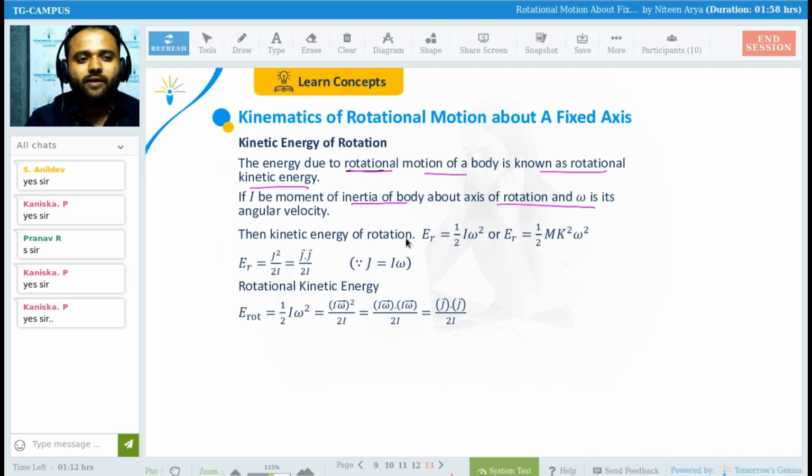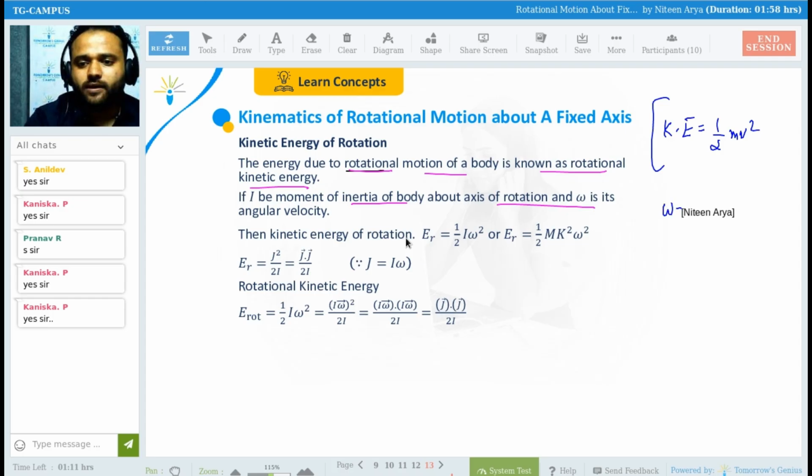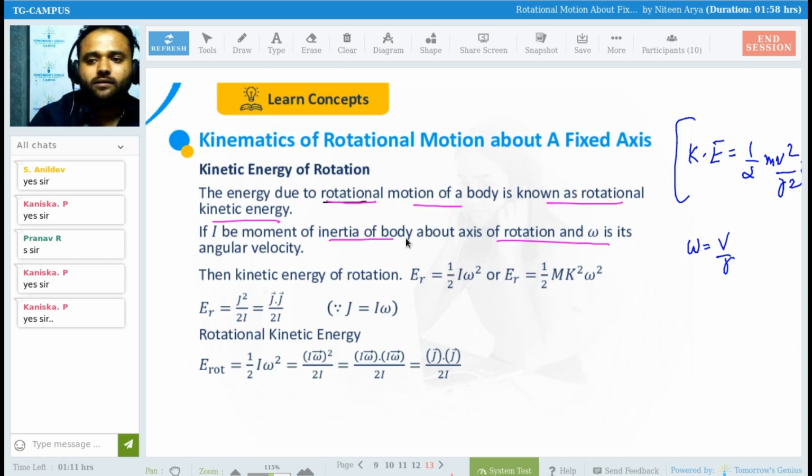That is nothing but, using the simple formula, KE is half m v square. Multiply and divide by r square, because omega is v by r. Basically I am multiplying by 1.